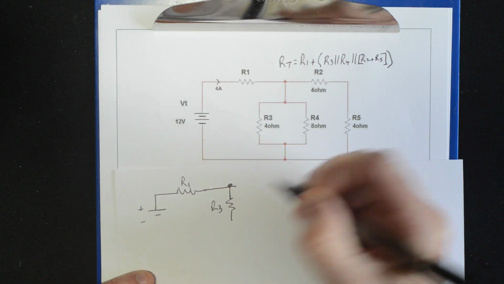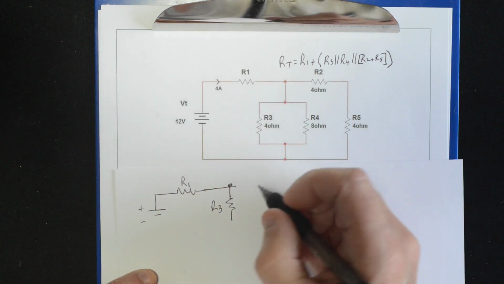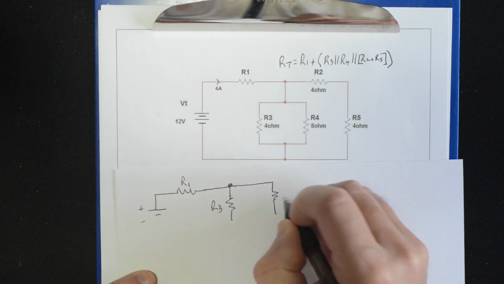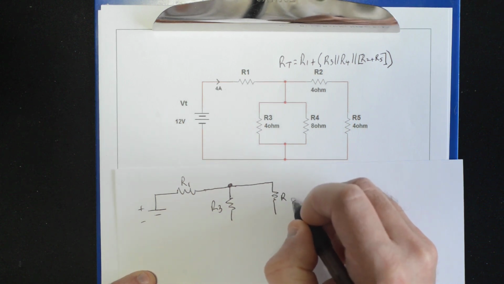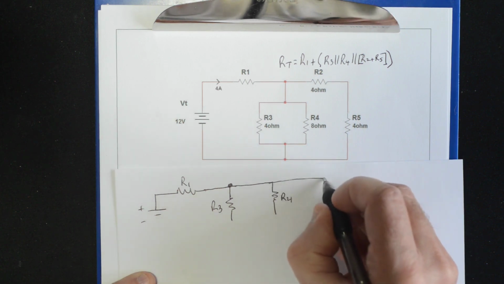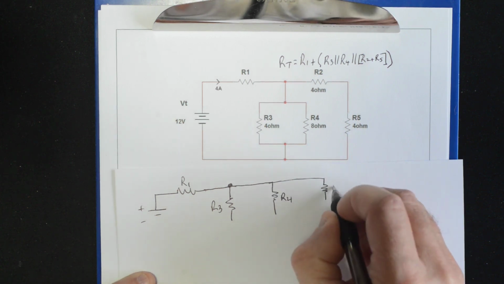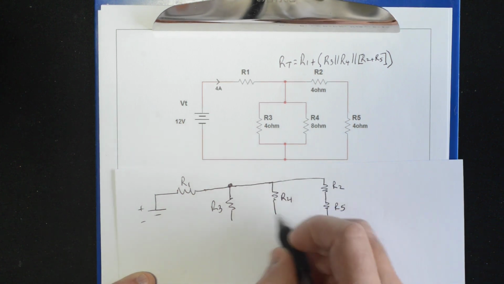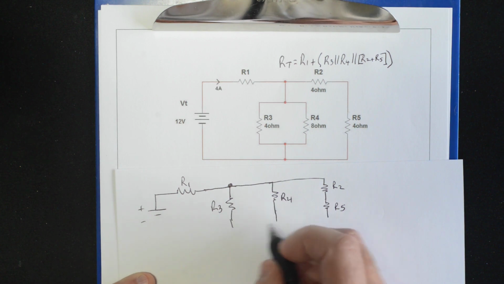That's R3. Pardon my penmanship, I'm working around a tripod arm. You can't see it, but it's here. R4. Now I'm going to do something here. R2. And that's in series with R5, but they're both in parallel with R3 and R4.